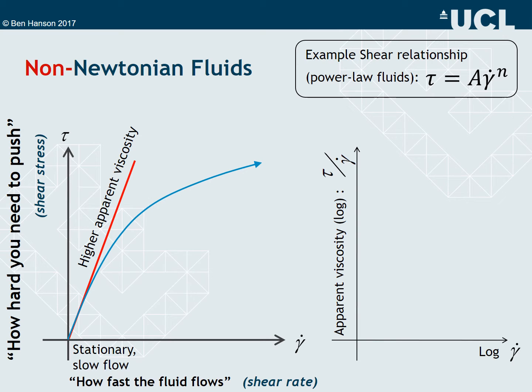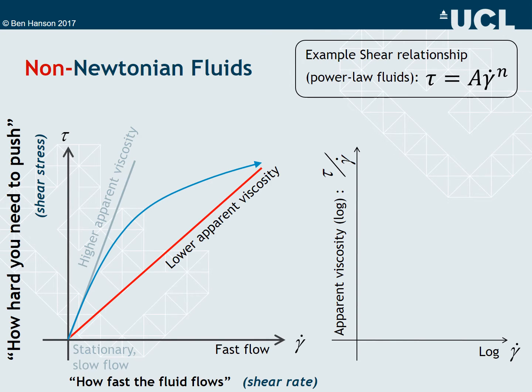It doesn't move very fast in response to that. In fact, for some puddings, they might even appear to be solid, i.e. there's no flow whatsoever. But once you start applying a pressure to them, and you move up the graph, then the fluid flows much faster, proportionally more than you would expect. That gives the liquid a lower apparent viscosity.